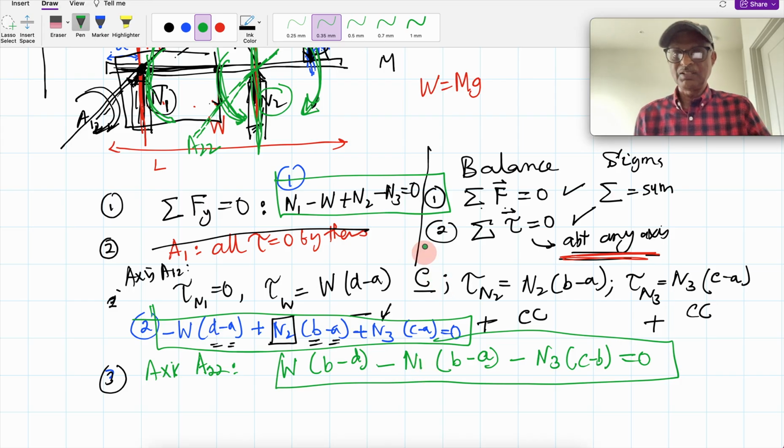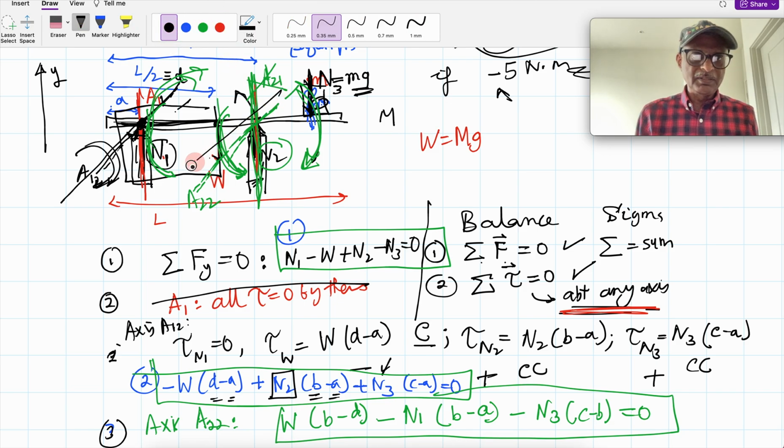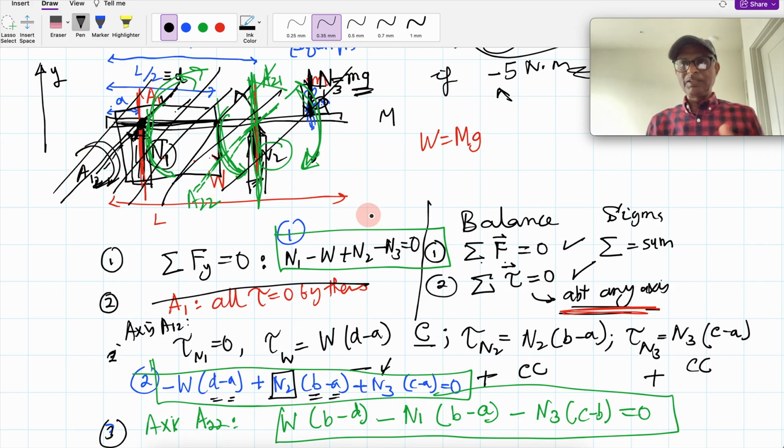Everything else, you might say, how about I keep trying different axes? Maybe I'll try this axis, this axis. You can try an infinite number of axes, but you're not going to get new information out of it.